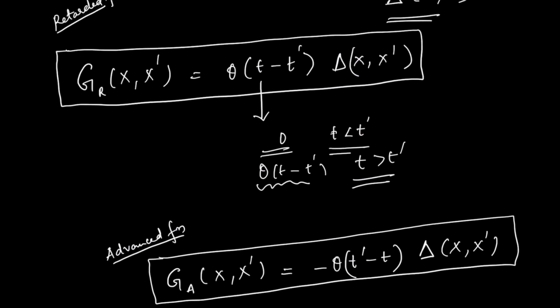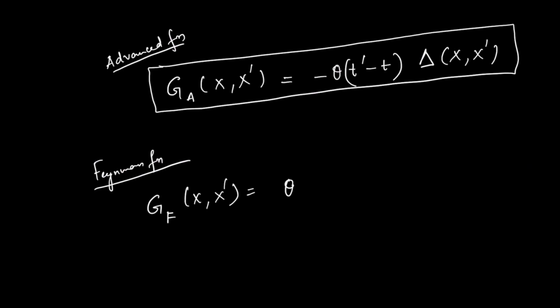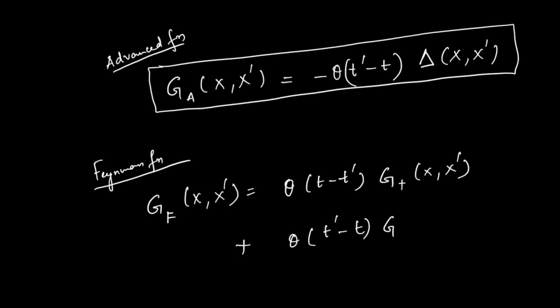Next, I can also define a Feynman function, which I call GF of x, x prime. Okay, so this I can write as a superposition of G plus and G minus, that is theta of t minus t prime multiplied by G plus of x, x prime plus theta of t prime minus t times G minus of x, x prime.